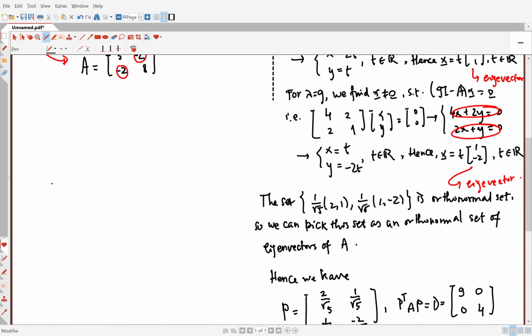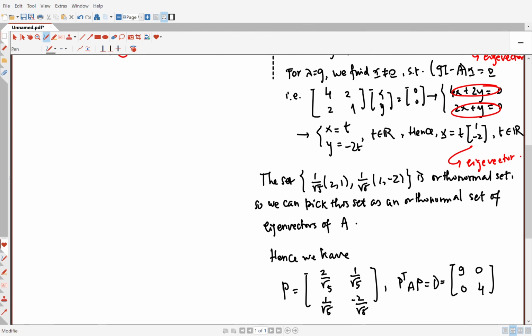I made a mistake, I think, because this (2, 1) corresponds to the eigenvalue 4, and this (1, minus 2) corresponds to the eigenvalue 9. Okay, so it is like this. And yeah, hope it is clear.